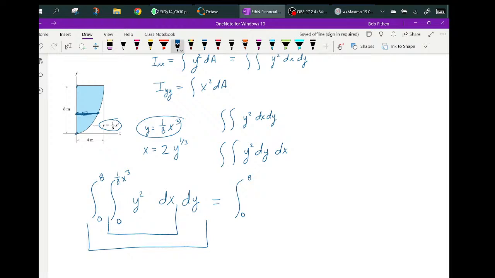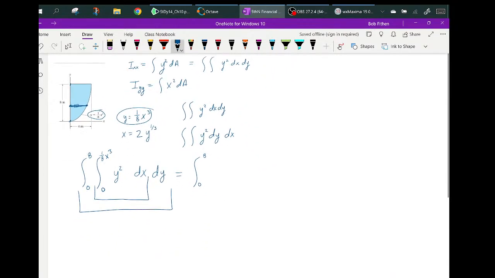Wait a minute. I'm trying to think of how to adapt this thing to something you've seen before. Okay, let's look at the way he's doing it. Let's see how we can adapt it.